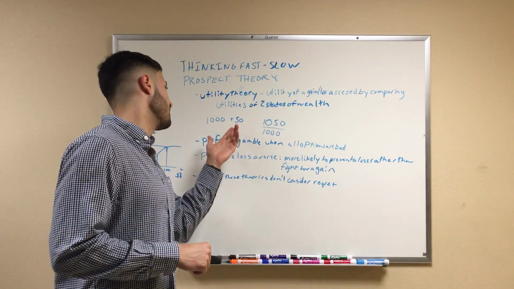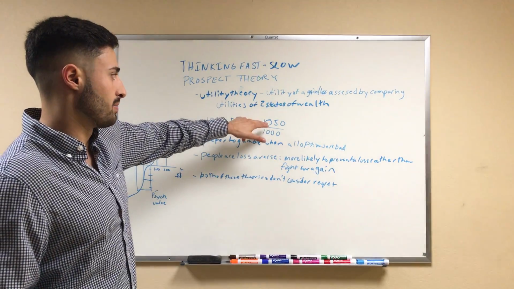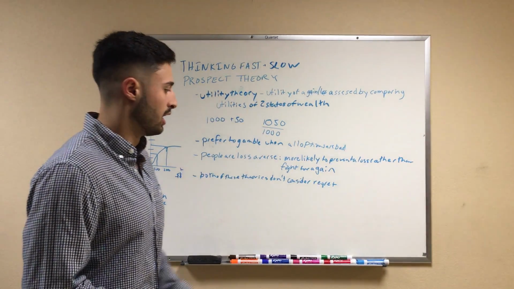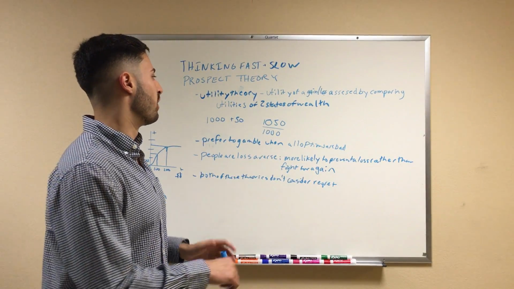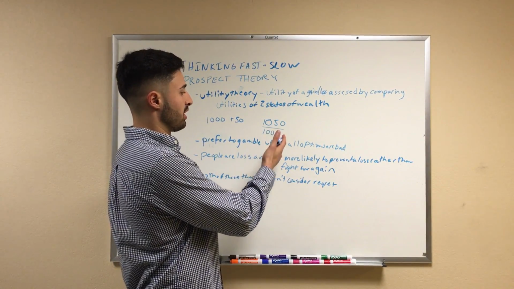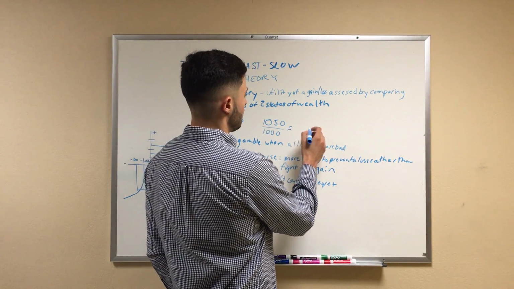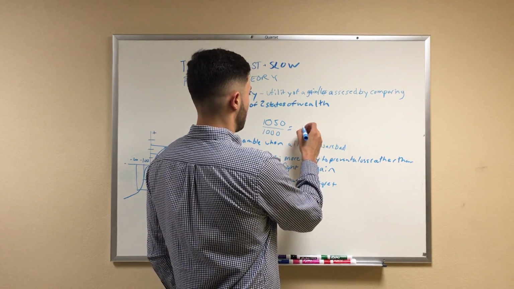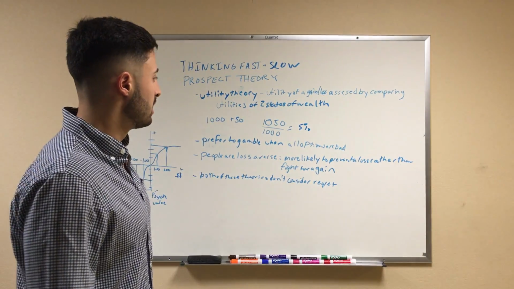And we're getting a gain of $50. So the only way we get the utility is by doing the math of $1,050 divided by $1,000, and that will give us, I believe, if I can do my math right, only a 5% increase, right?